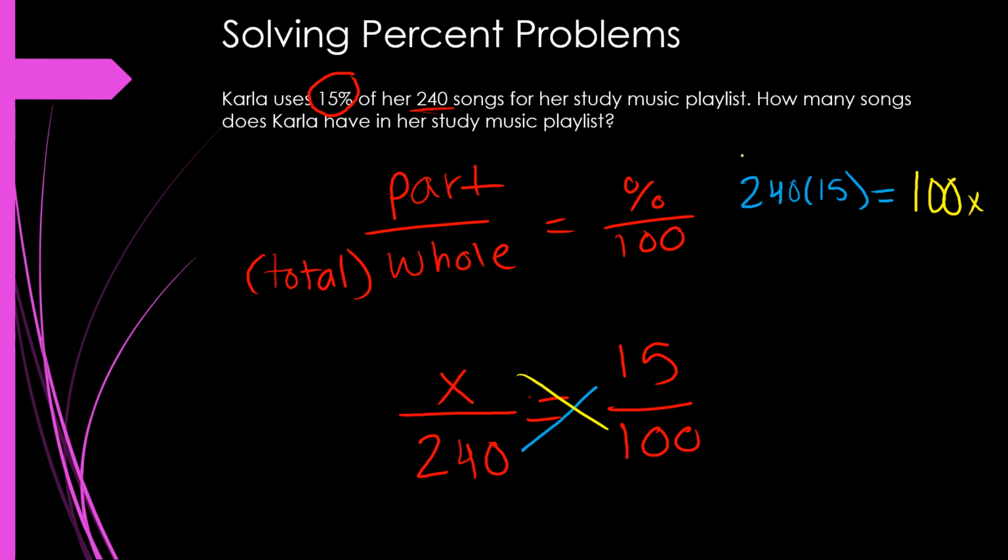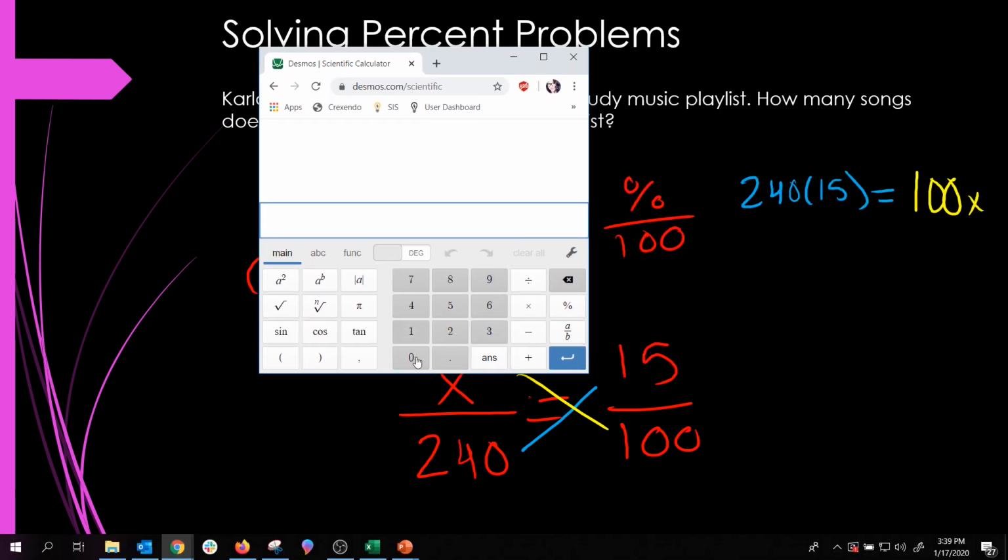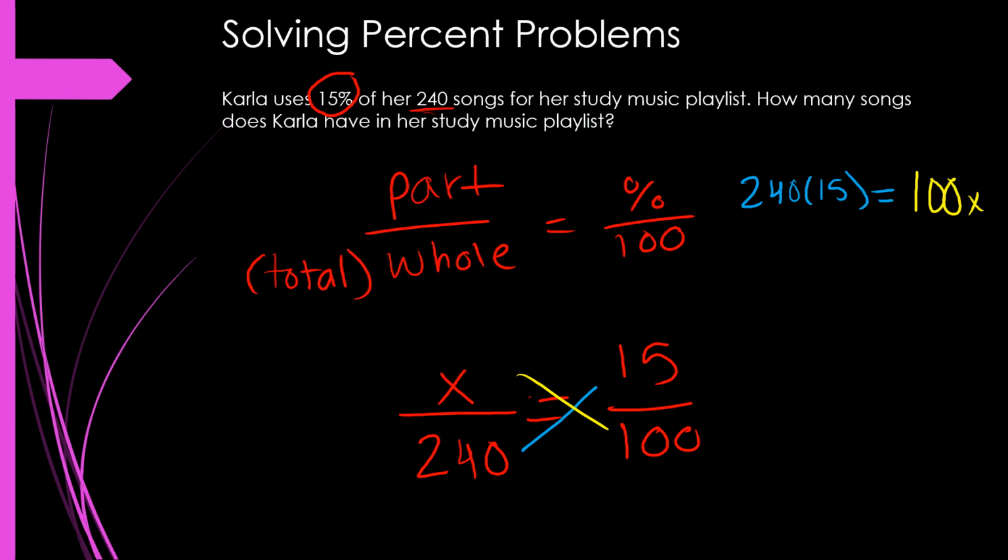The first thing we need to do is our multiplication. So 240 times 15. Let's pull up our calculator. 240 times 15 gives me 3,600.